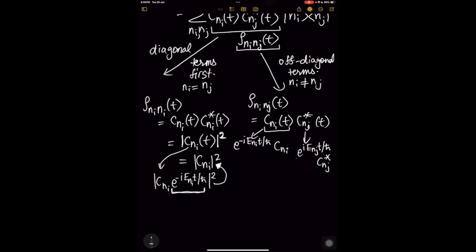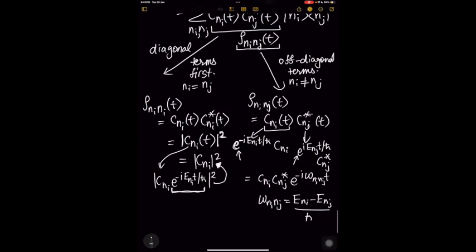So the time dependence of these coefficients is contained in these e raised to the power something terms. So that would mean c n i c n j star e raised to the power minus i omega n i n j t, where omega n i n j would be E n i minus E n j over h bar.